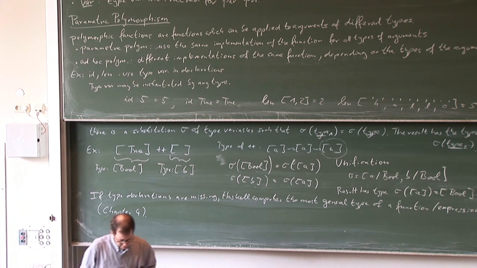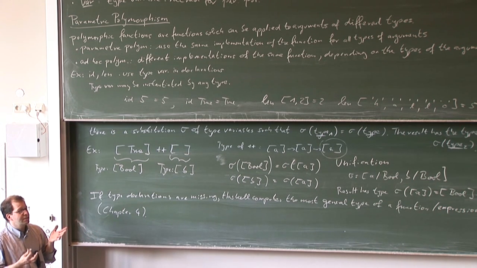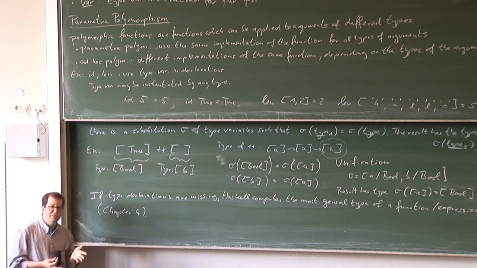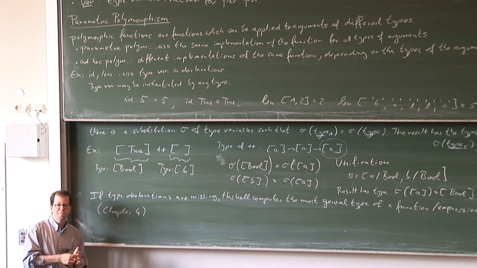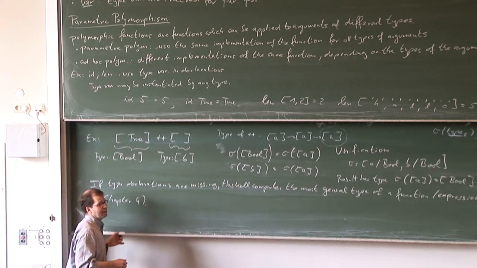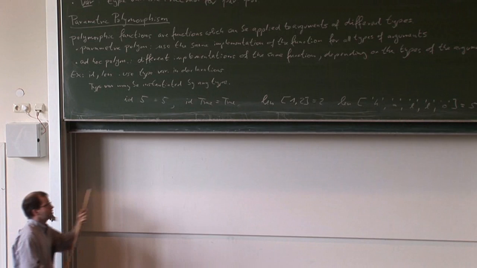So this is the idea of type variables. Now, what we've seen up to now is that there are some predefined type constructors, some of arity 0, like bool, int, and so on. And you can construct new types by writing arrows or list brackets and so on. But this is still rather restrictive.